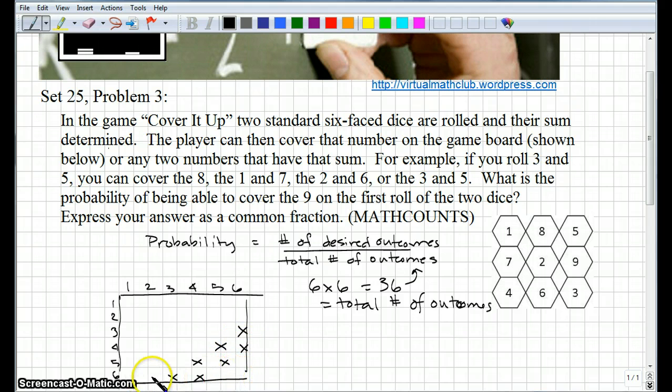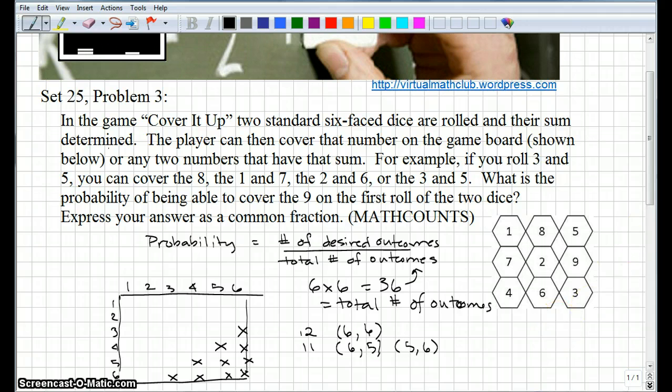And then we could also cover it if we rolled an 11, which would be a 6 and a 5, or a 5 and a 6. And we could also cover it if we roll a 12, which is a 6 and a 6. Okay, so I could list those all out. If we roll a 12, that would be a 6 and a 6. If we rolled an 11, that would be a 6 and a 5, or a 5 and a 6.